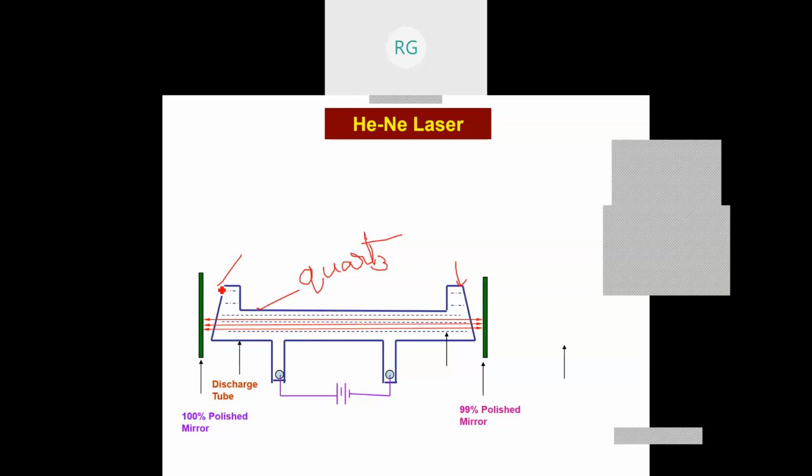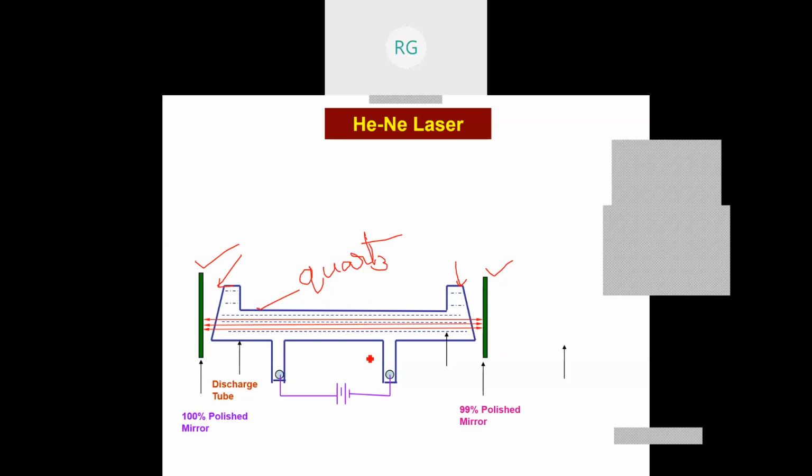This is another window, which is an angled window at Brewster's angle, so that the light coming out will follow Brewster's law and the light is polarized. To get the resonating cavity, I have mirror 1 and mirror 2. That means the helium neon laser requires mirrors.